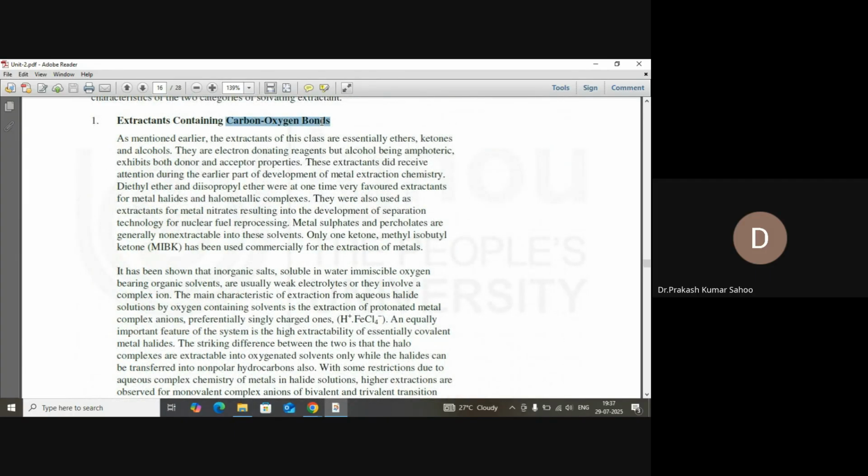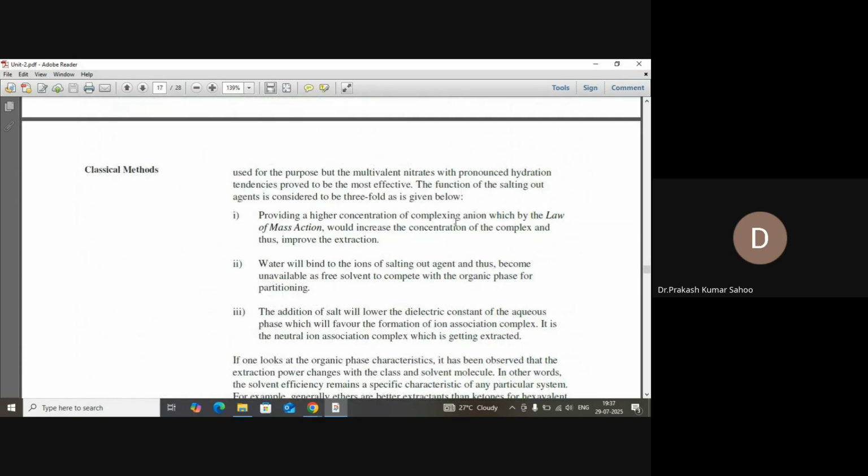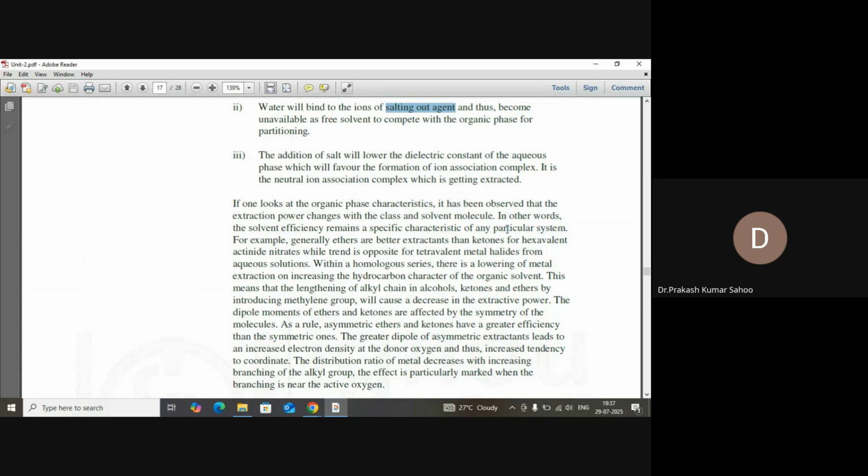Then using carbon oxygen bonds, there are reactions. Then these will provide a high concentration of complexing anion by the law of mass action. Water will bind to ions of salt, salting out of salt, that is known as common ion effect. And then the addition of salt will lower the dielectric constant of water in the aqueous phase, and favor the formation of association complex.